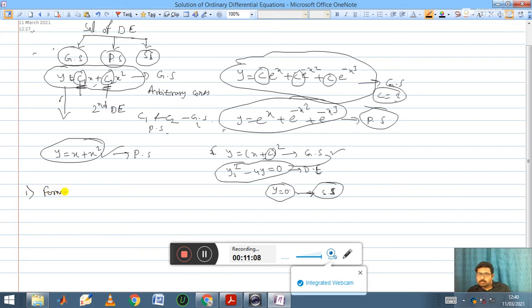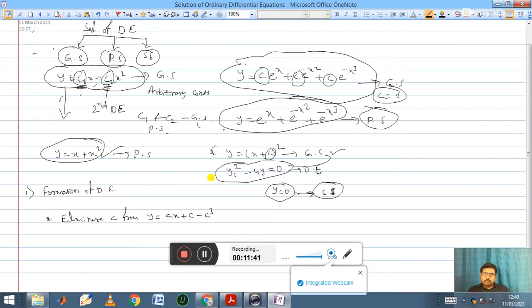Formation of differential equations. Usually they will ask like this. The problem they may ask: eliminate c from y equals cx plus c minus c cube.